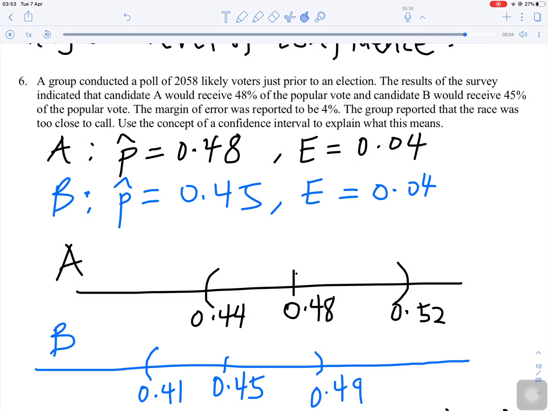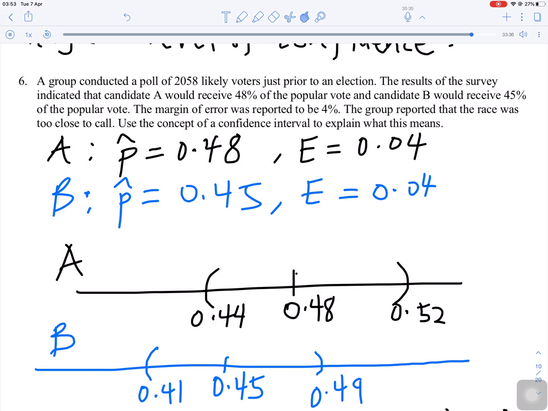So, in the poll that they conducted, they didn't do it on everyone who is going to vote. They just took a sample. So the outcomes that they are taking are just on the sample. They realized that for candidate A, the sample proportion is 0.48 and the margin of error is 0.04. And for candidate B, the sample proportion is 0.45 and the margin of error is also 0.04.